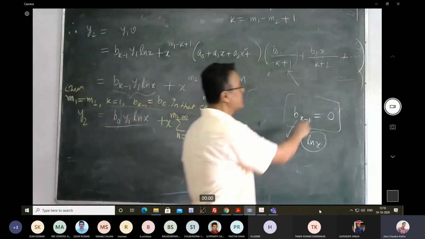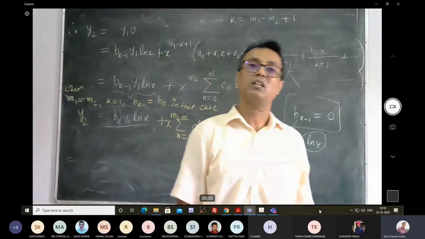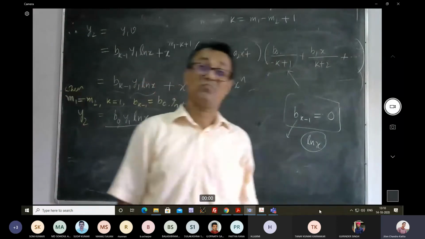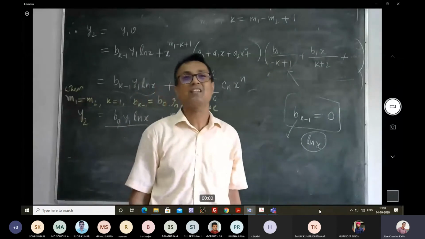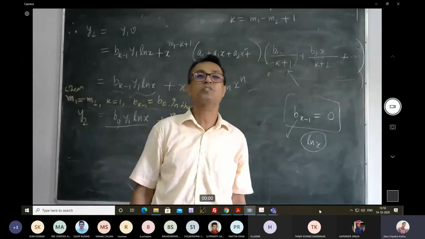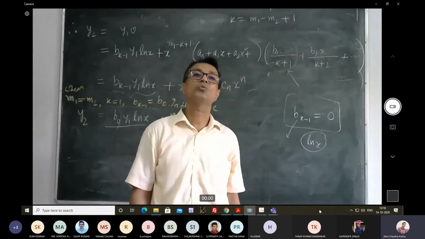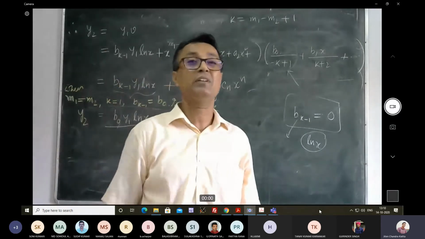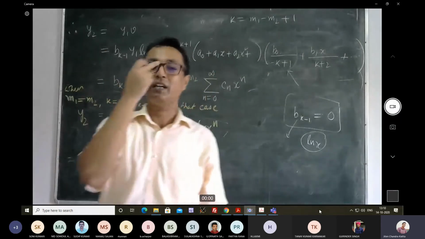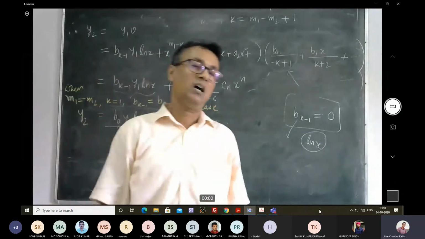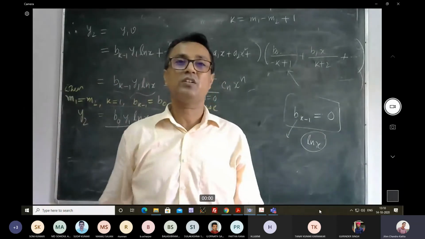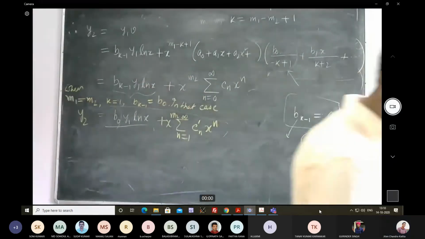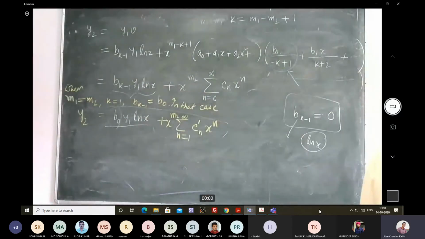And if this is not equal to 0, the logarithmic term is definitely going to be present there. But the bad thing is that we don't have any specific way of finding those coefficients, B K minus 1 and all those. There is no general way. It is going to depend upon the differential equation that is provided to you. Is it okay? If you have any questions, just let me know.